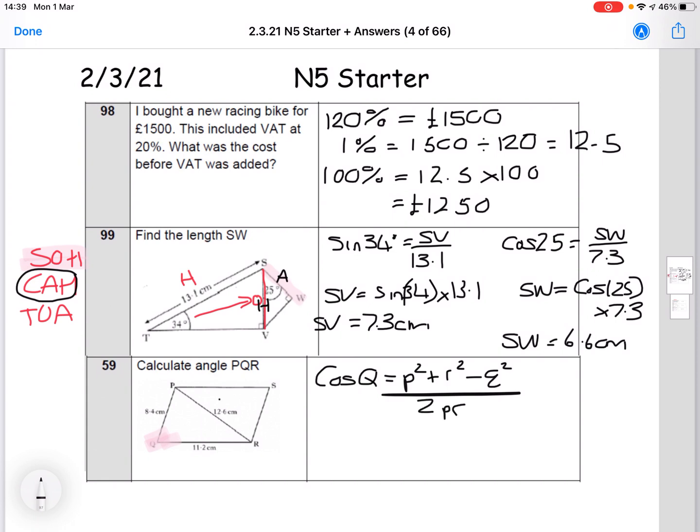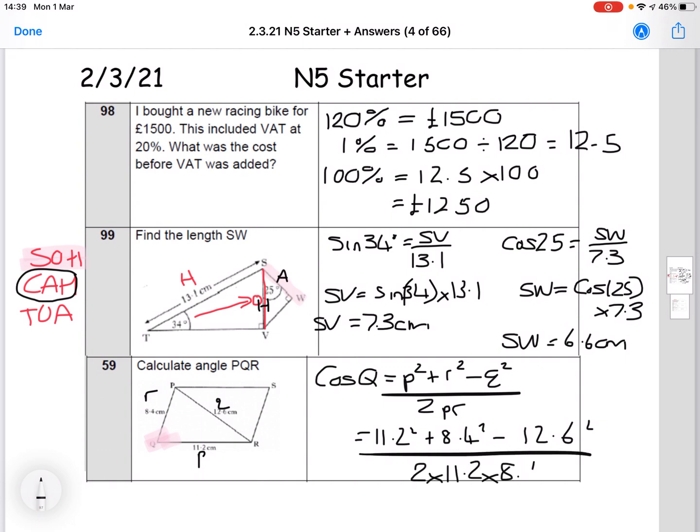So if we label our sides, we've got Q, P, and then R. So we're going to have here 11.2 squared plus 8.4 squared minus 12.6 squared over 2 times 11.2 times 8.4.